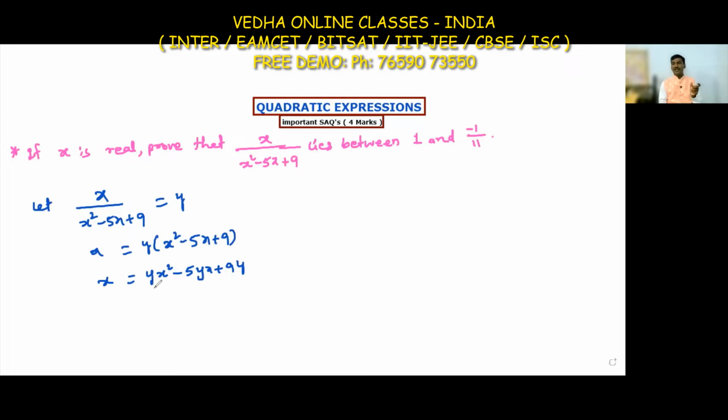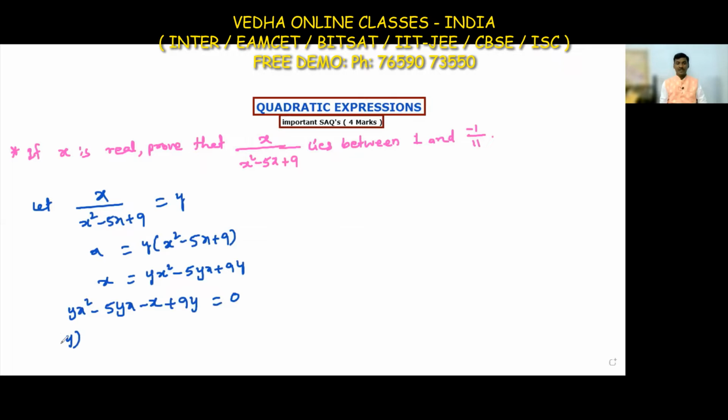Okay, write this in the quadratic expression form. So that is nothing but x square term, x term, constant. Okay, and y also we consider as constant. Remember, this is very important. So here y x square writing as it is, minus 5yx writing as it is, take this x to the right side, so it becomes minus x, and plus 9y writing as it is equals to 0.